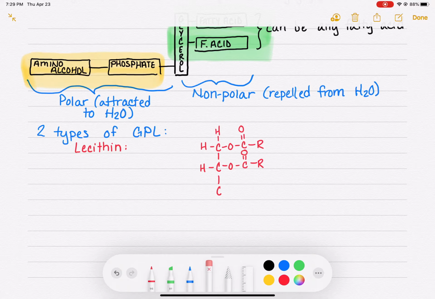For our bottom carbon, this one has 2 hydrogens as well. But remember, we want to turn this group around and draw it going off to the left. So where we would normally draw our hydrogen number 2 off to the left like that, this time we're going to draw it off to the right so that we have room to draw the phosphate and the amino alcohol out here. So first we have the phosphate group, and the phosphate group is an oxygen bonded to a phosphorus that's bonded to 2 more oxygens.